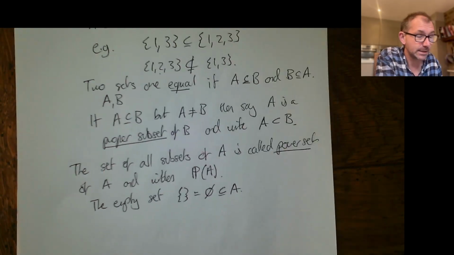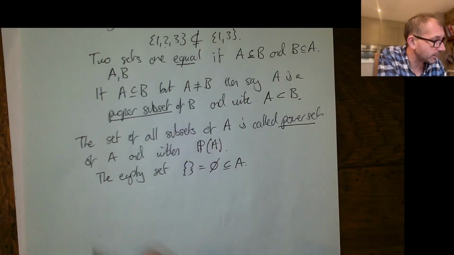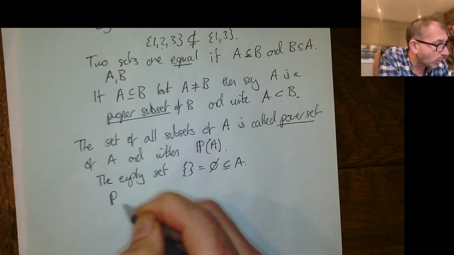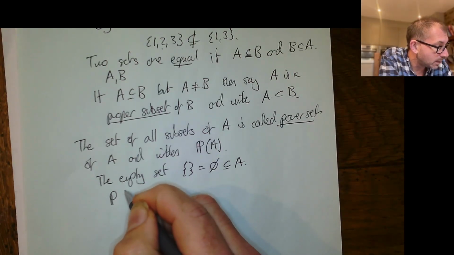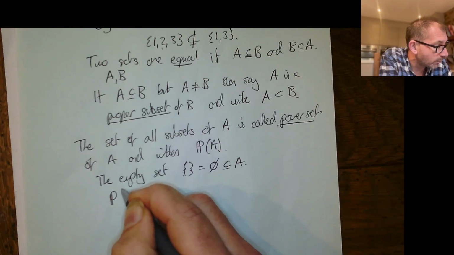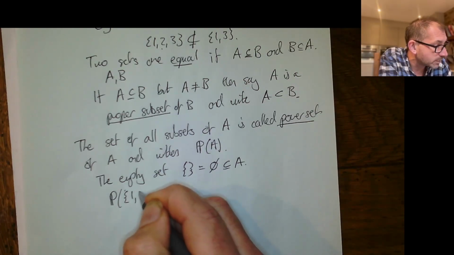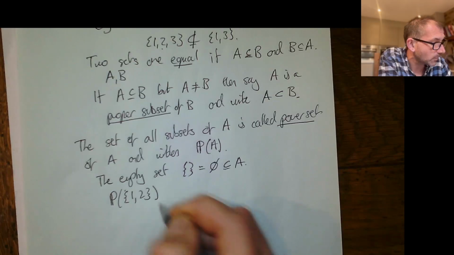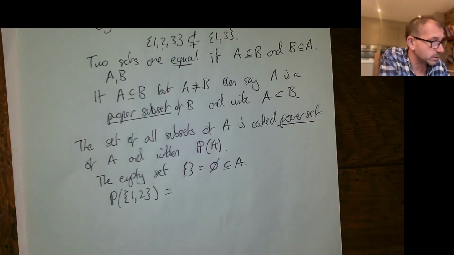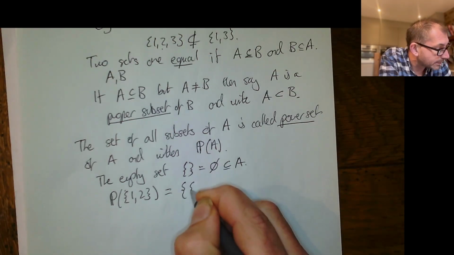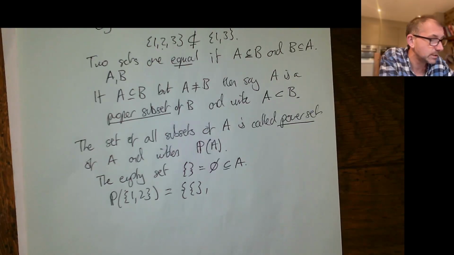Okay, that's important because when we write down the power set of a set, let's say the power set of the set 1, 2, then we are always going to start by writing down the empty set, because that's always a subset.